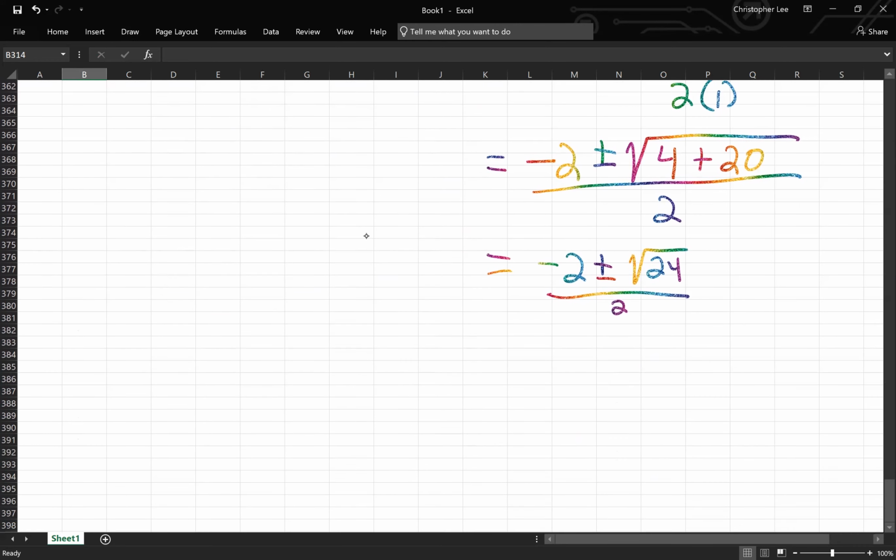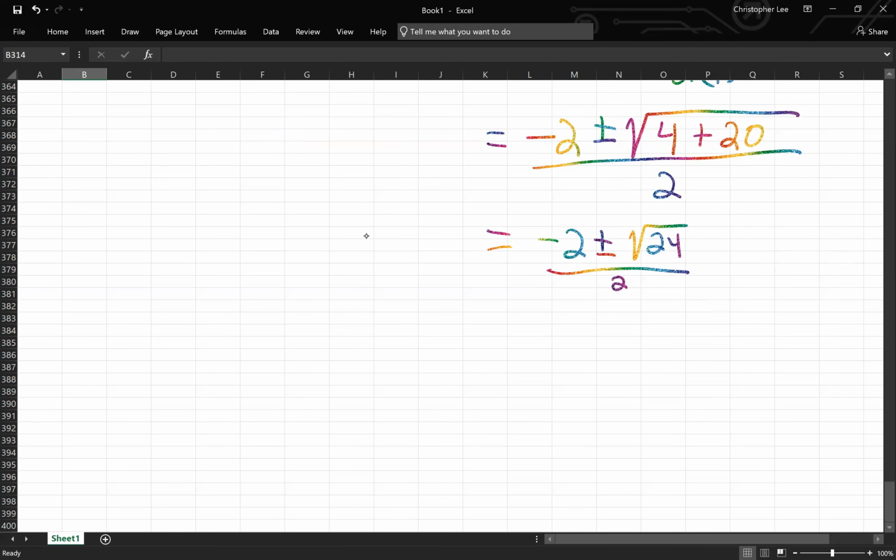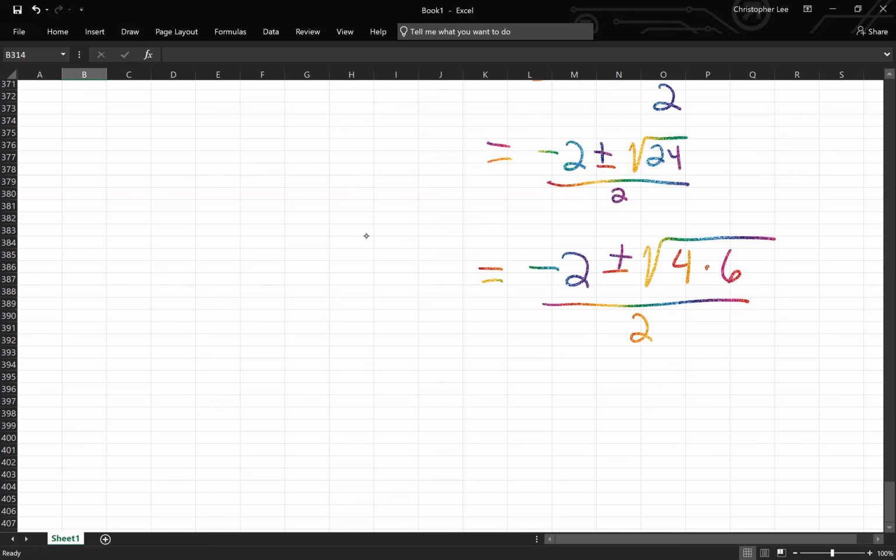And then the largest perfect square that goes into 24, I think, is what? Let's see. 6 and 4, I like that. So this is going to be -2 plus or minus the square root of 4 times 6, all divided by 2. And the square root of 4 is what again? 2, right?